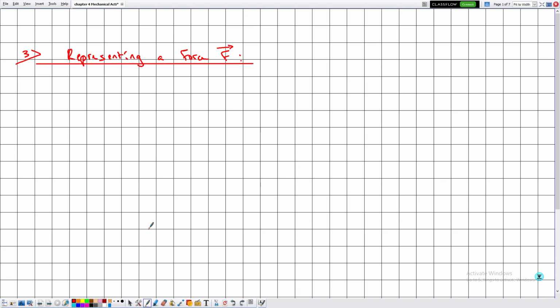So let me write here that the force is represented using a given scale in centimeters.